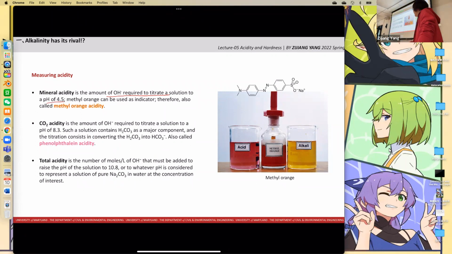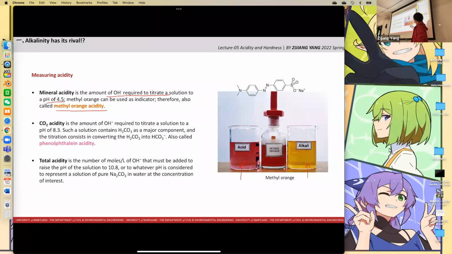And in the lab, we usually use methyl orange to quantify its pH. So basically, at acidic condition, the color is red, but in the basic condition, the color is orange.